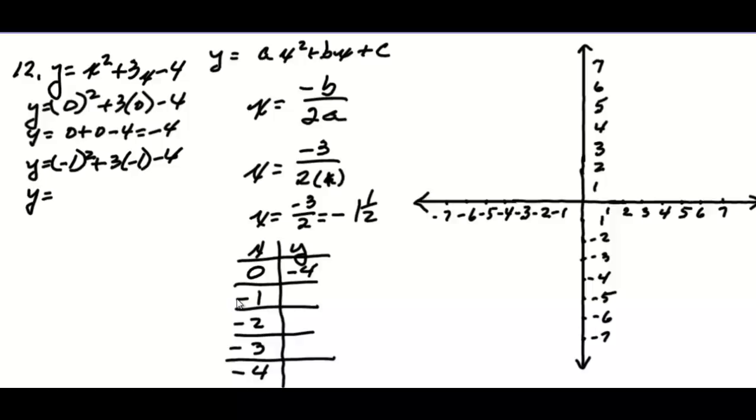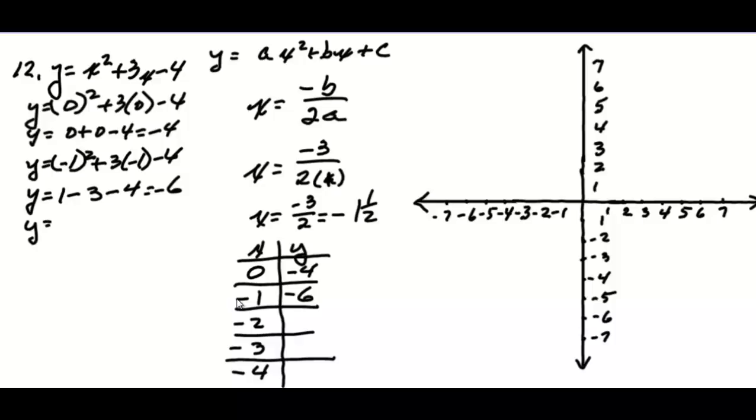This is y equals 1 minus 3 minus 4. In that particular case, 1 minus 3 is -2, minus 4 is -6. We'll have to put that in there, -6.